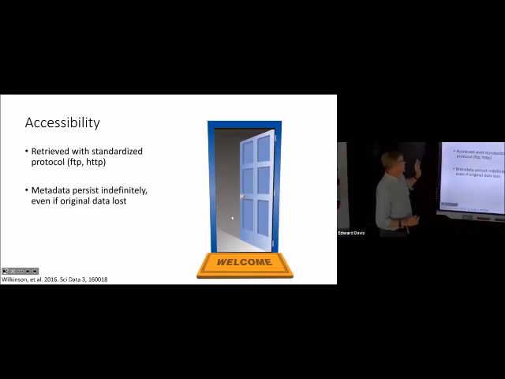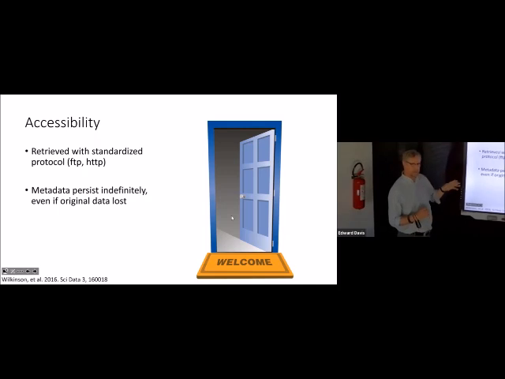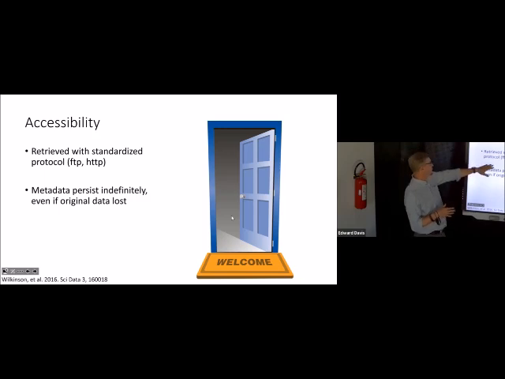You're finding the paper and then going back to the data. So that's what we want, is to find the data without ever seeing the paper. The data have to be accessible too. And that means that whatever resource you're putting them into can't have some specialized retrieval protocol. It has to be something that's open and available, like an FTP or an HTTP. So it's not helpful if you put your data up, but it's only accessible through some proprietary protocol.